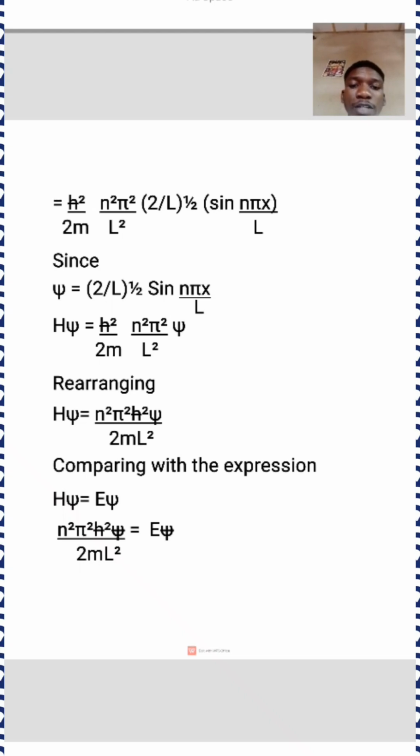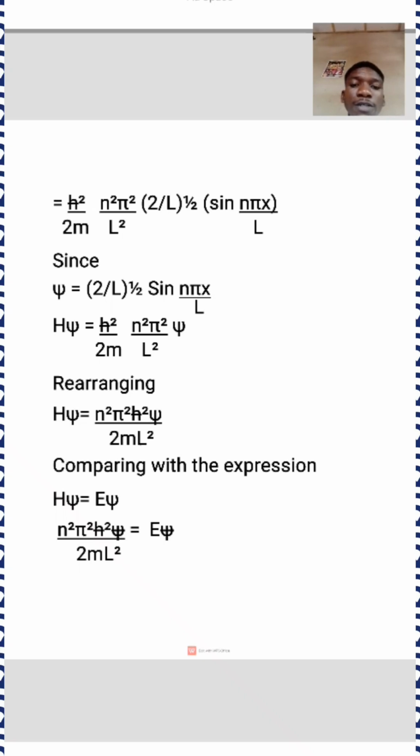Comparing with the expression Hψ = Eψ, we have n²π²ħ² times the wave function all over 2mL² is equal to E times the wave function.